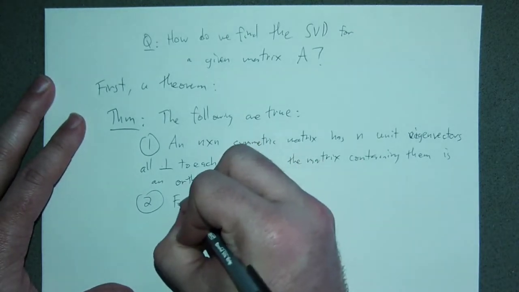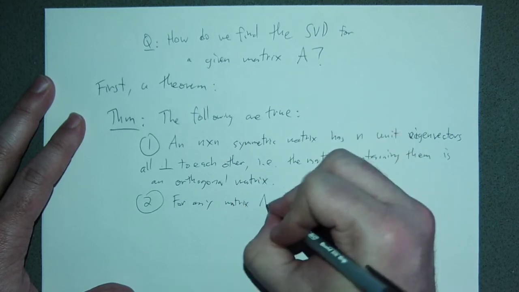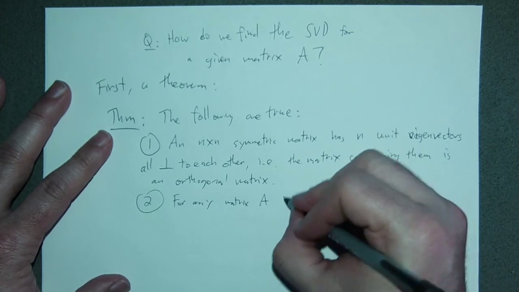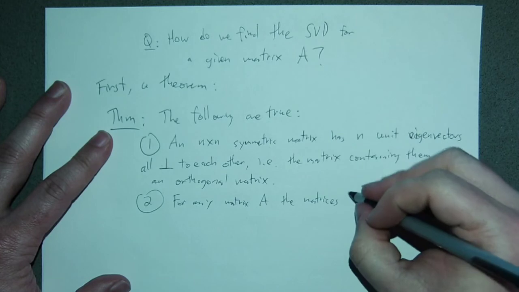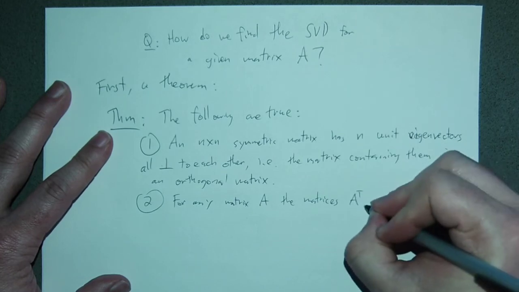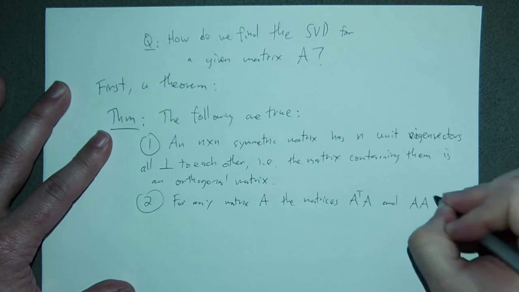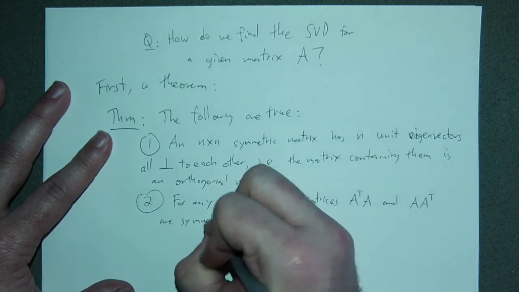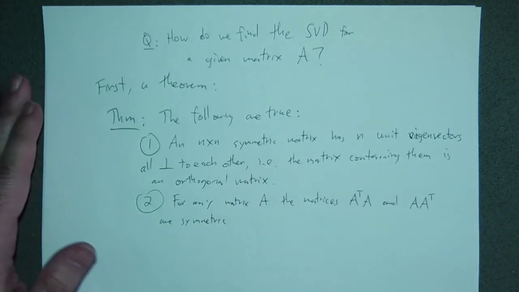For any matrix A, we've actually seen this before. I think this was one of your exercises. The matrices A transpose A and A A transpose are symmetric. What does it mean when a matrix is symmetric?